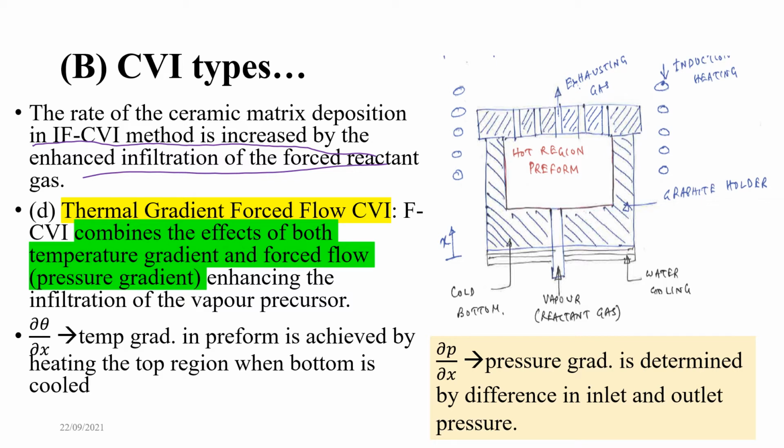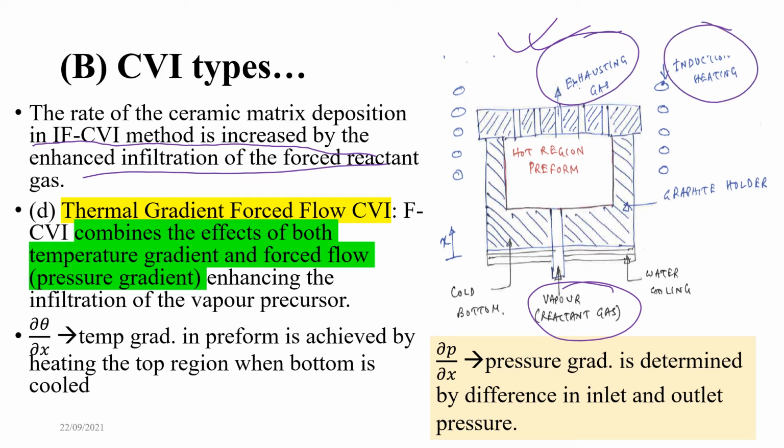So if we look into this diagram, this is the vapor where the reactant gas is entering. This is the water cooling portion. This is the cold bottom and the hot outside. This is the exhaust gas, and these are the induction heating coils. So that means there is a pressure gradient and there is a temperature gradient.